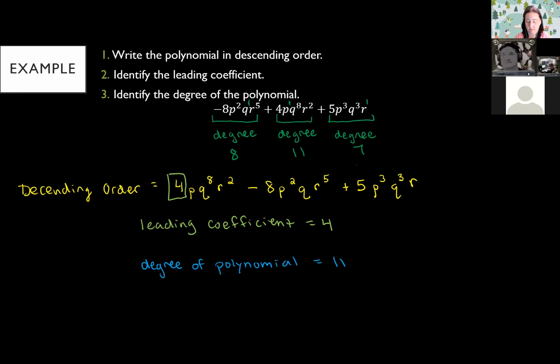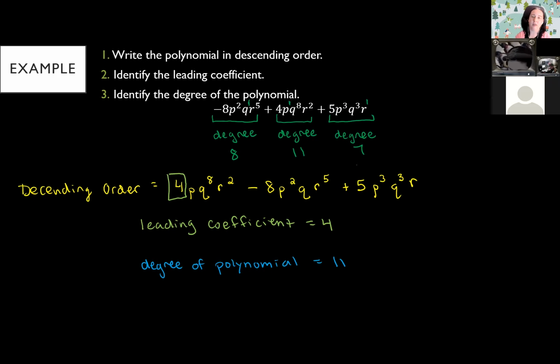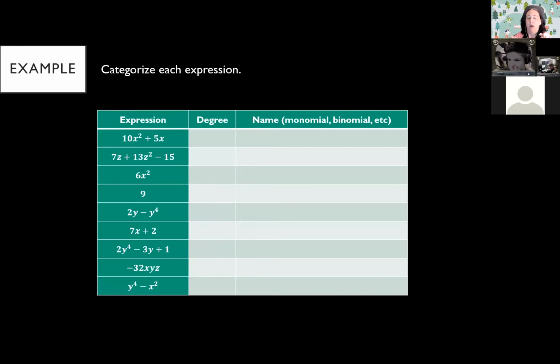Okay, so I've got one more example here, and then we've pretty much gone through all of the stuff about polynomials and the little details that the book wouldn't really go into, but it's important to know. So we're going to categorize each expression.